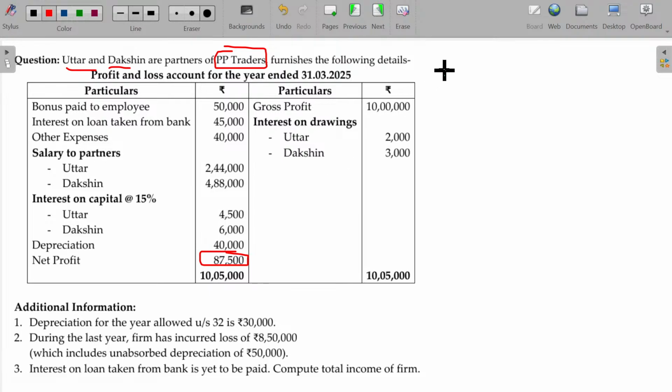So net profit as per the books is 87,500. Clear?